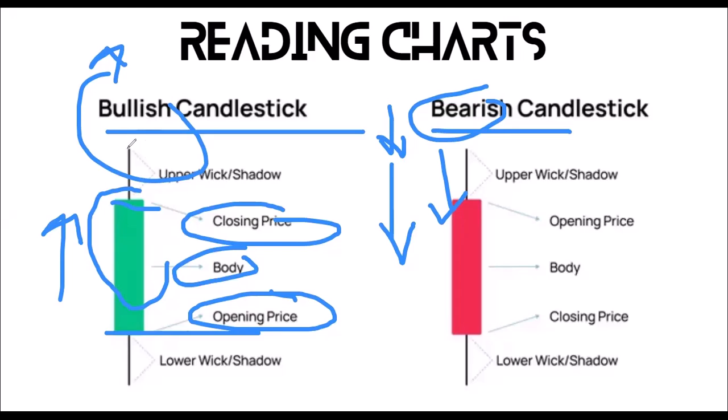So this is the highest price, and this is the lowest price that is shown on the candlestick. The same applies here. This is the opening price, and this is the closing price. This is the highest price in that time period, and this shows the lowest price in that time period. So this is how you actually read a candlestick.